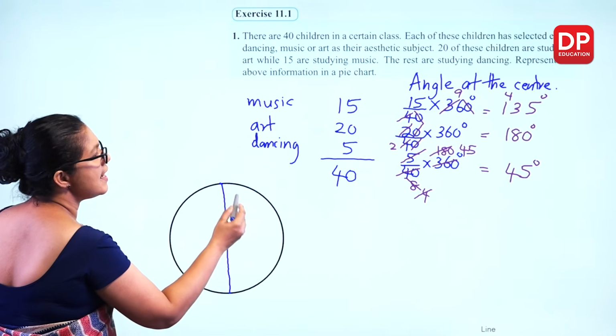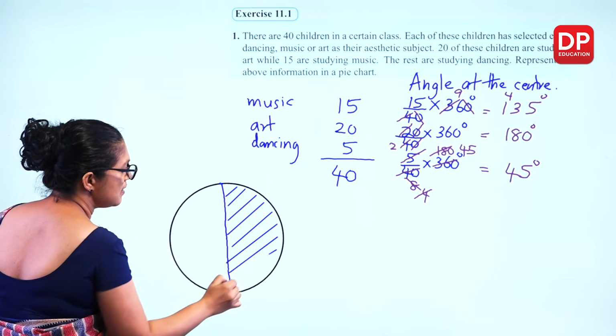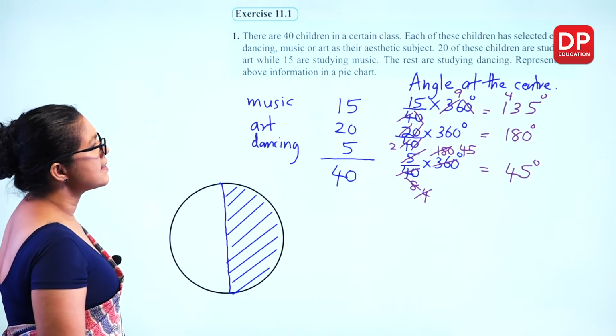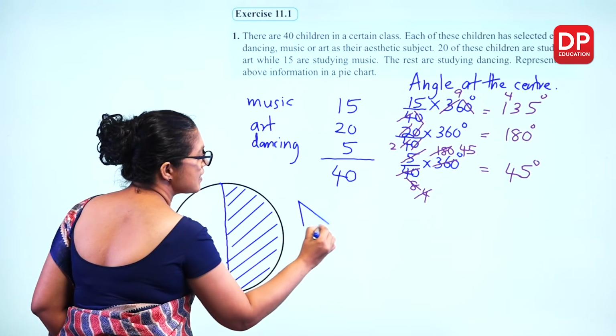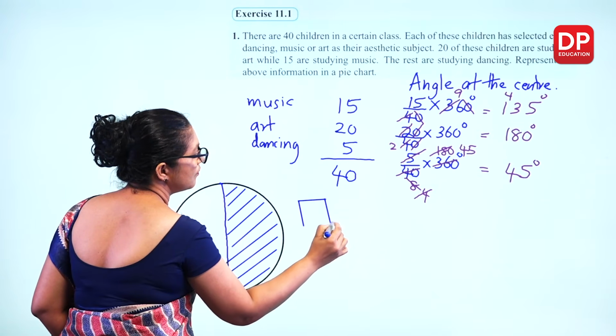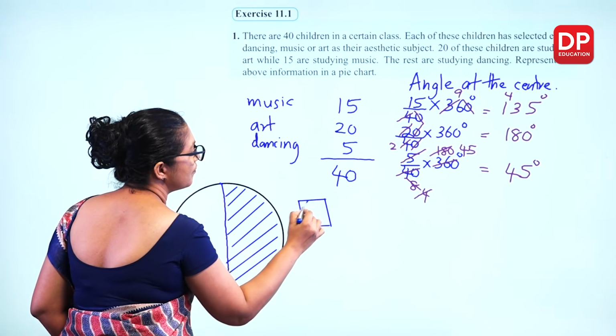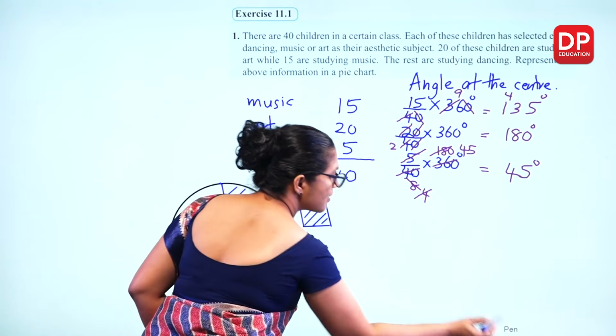So this is 180. I can use any pattern to represent that's art. So I'll draw the category box with this and write down art.